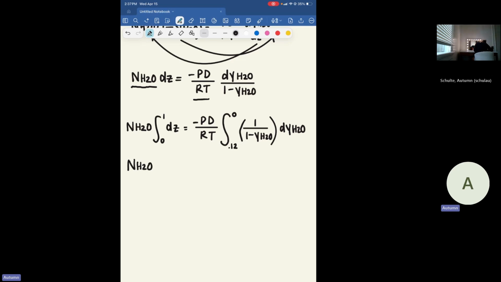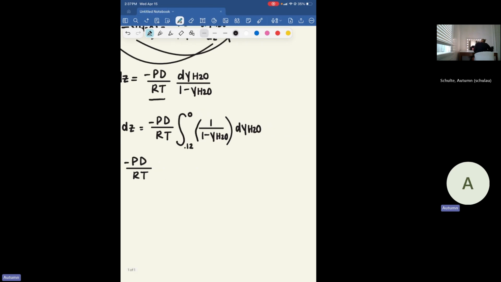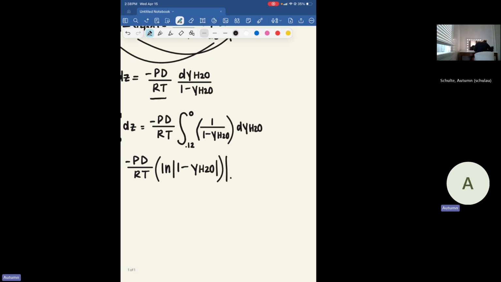We're going to have the molar flux of water, and this is multiplied by 1, but I'm not going to put that. This is equal to the negative pressure times the diffusion coefficient divided by our gas constant R and our temperature T. And this is multiplied by the natural log of the absolute value of 1 minus our mole fraction of water, evaluated from 0.12 to 0.